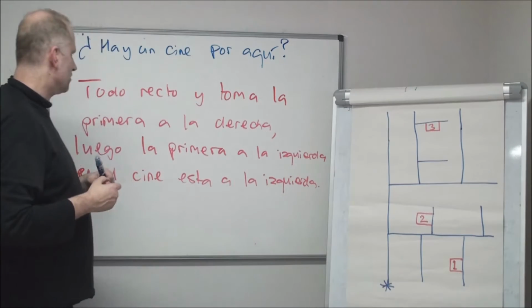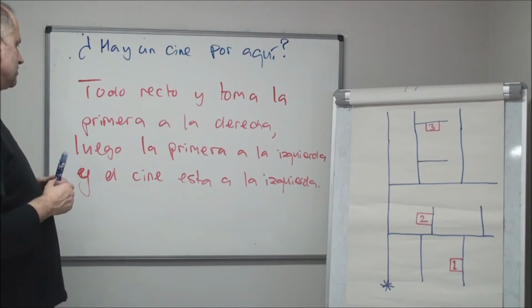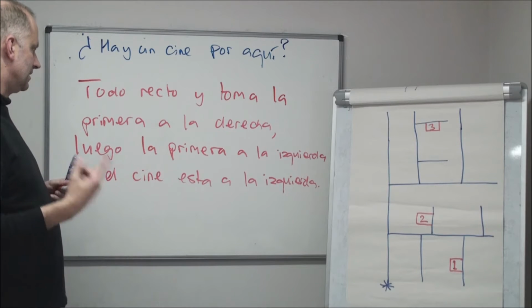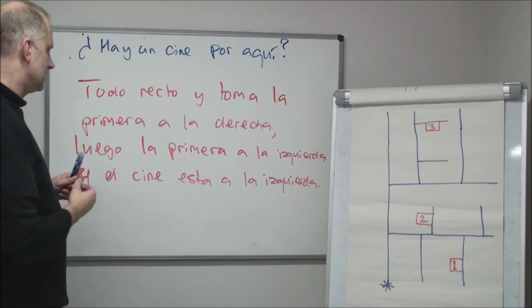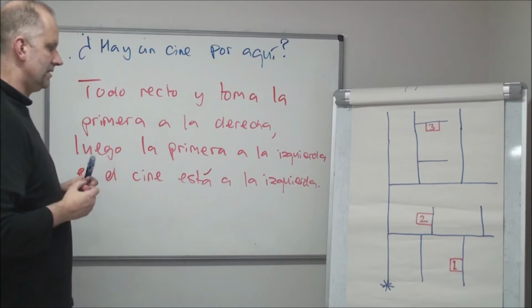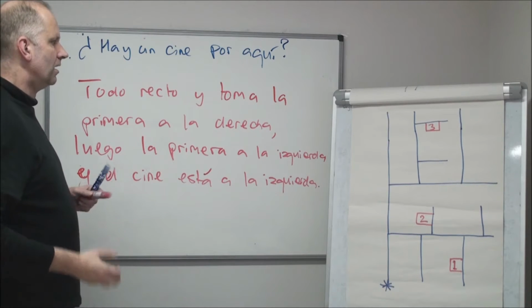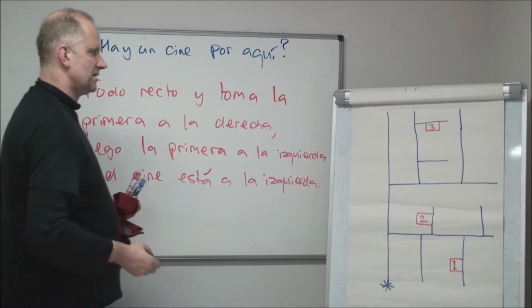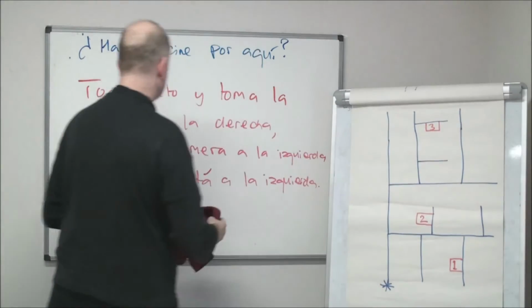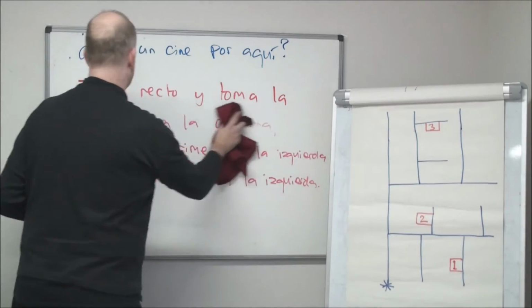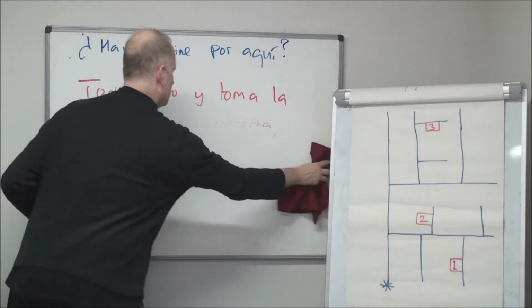Okay, so todo recto y toma la primera a la derecha, luego la primera a la izquierda, y el cine está a la izquierda. Okay, so this one is slightly more complicated, so we'll start it from here.